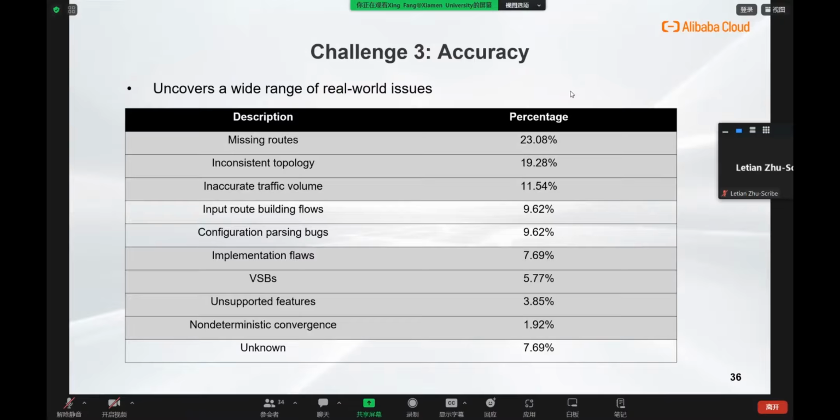So what about the violation case? When the intent is violated, how to analyze the root cause of that violation is super important. That's a very interesting question, and we are following that line: once we identify the violation, we want to help the operator quickly identify the configuration that is the root cause.